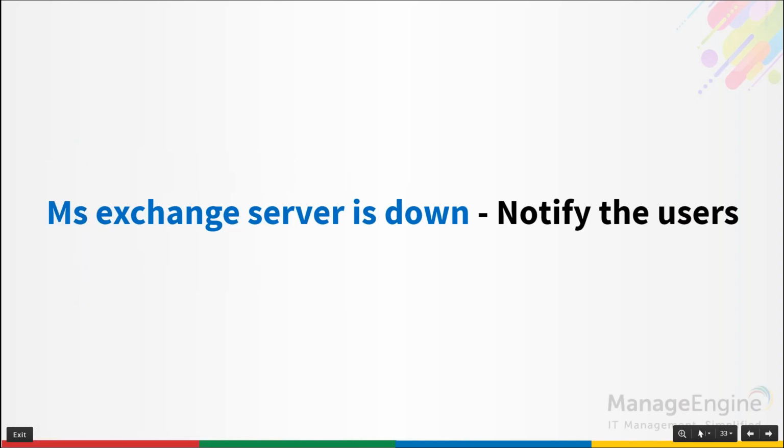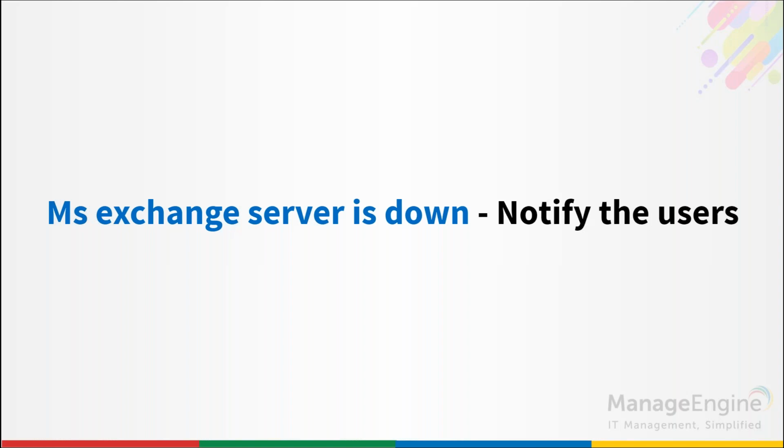Okay, next we'll move on to the last real-time example, which is notifying users about the Microsoft Exchange server being down. Let's assume that in my organization, the Microsoft Exchange server has gone down. In this case, all users will start contacting the help desk technicians, which will flood the call support.